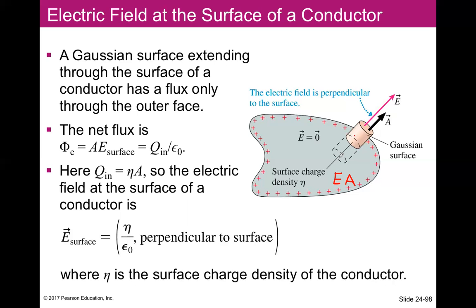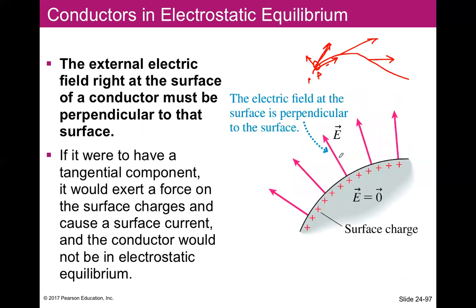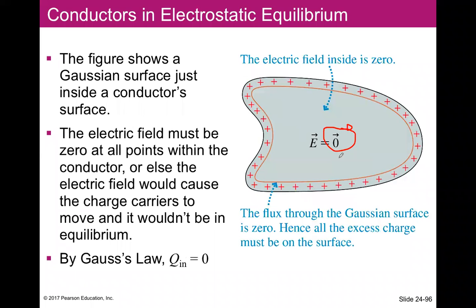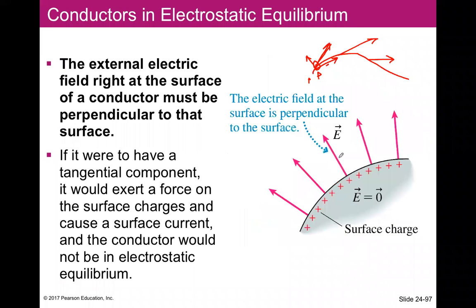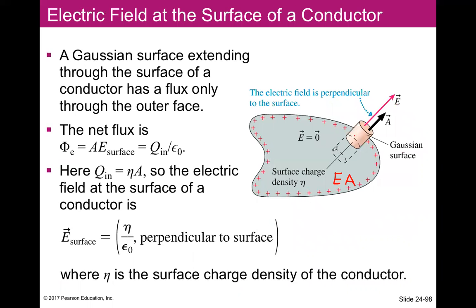What is E? 0. As we discussed here, inside a conductor, E is always 0. So at this end, the flux is 0. Inside, it's 0, and on the side surface, it's 0. Only at this outside end surface, it's E times A.